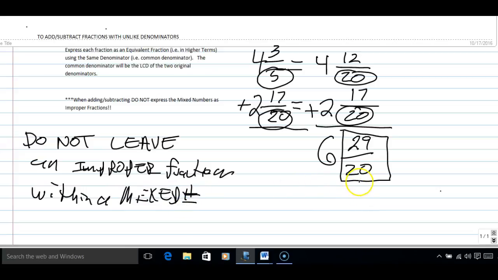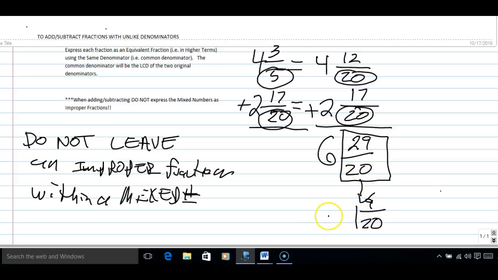So we're going to rewrite 29/20ths. I'm going to change this improper fraction here to a mixed number. So 29 divided by 20 is 1. And 29 minus 20 is 9. So 29/20ths is equal to 1 and 9/20ths.